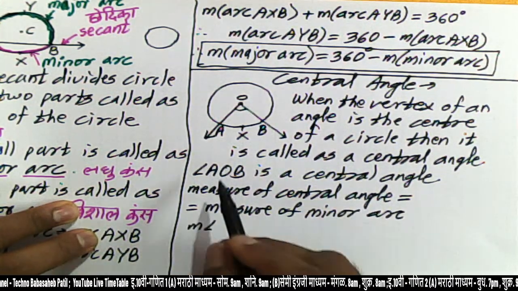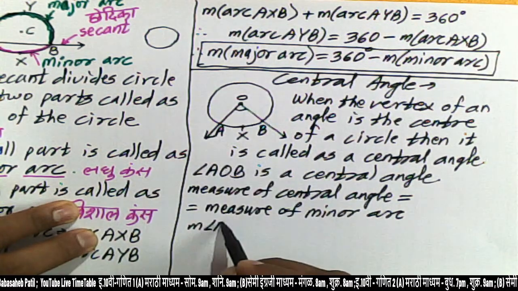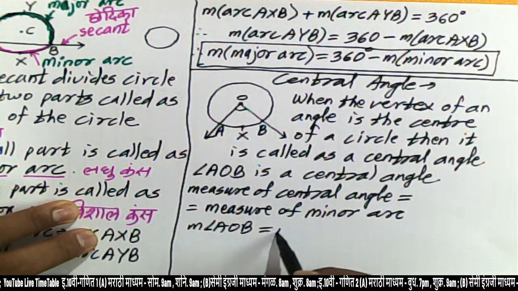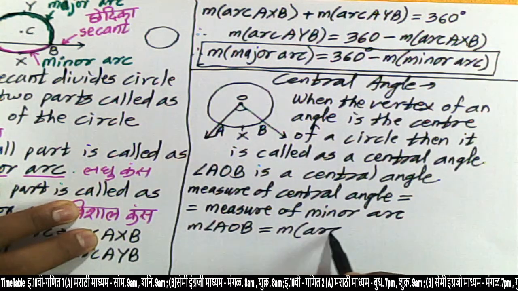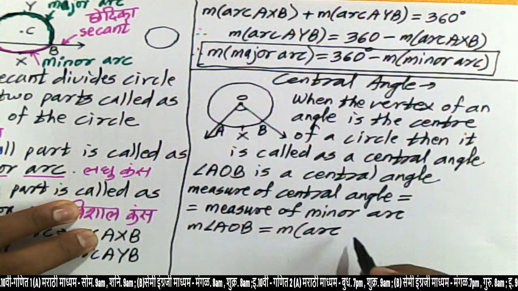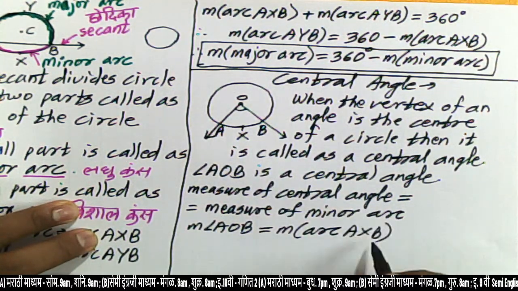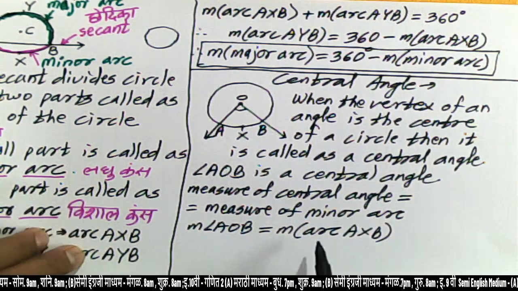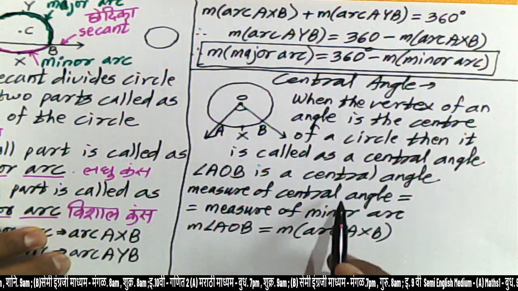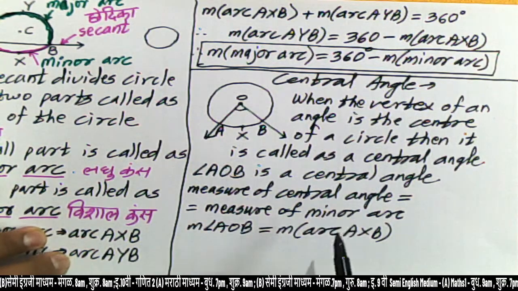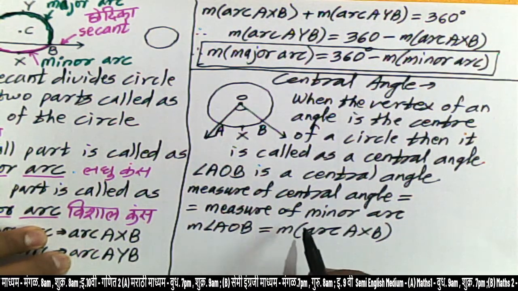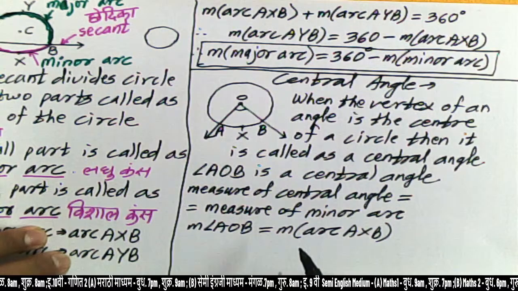That means the measure of AOB is equal to the measure of arc AXB. Central angle and minor arc are congruent to each other. That conclusion we get here.